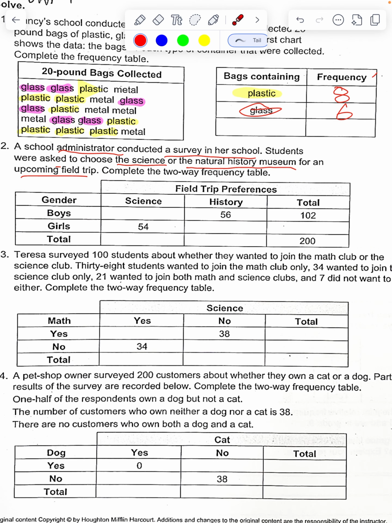But science plus history equals the row total. This is the first row, and 102 is the first row total. So we can do 102 subtract 56.